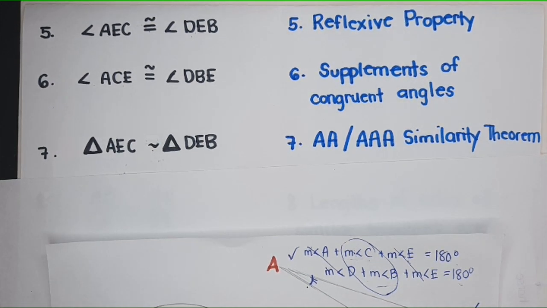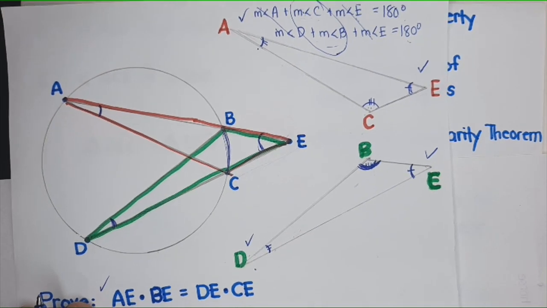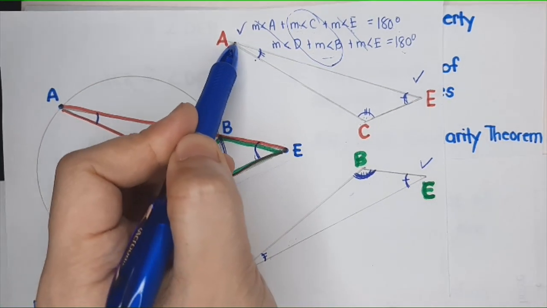Now, since they are similar, the ratio of the lengths of their sides are equal. So, kukuha tayo ngayon ng ratio nung lengths ng mga sides ng triangle. So, let's go back to our triangle. Here. So, kukuha tayo ng ratio here.